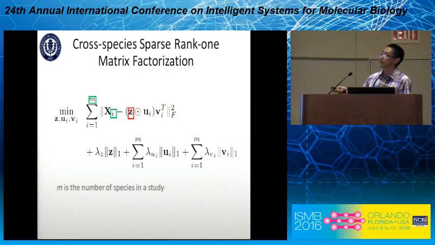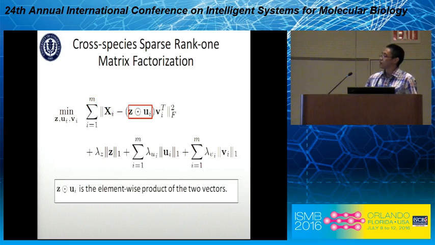We have M total views. If we look into this formulation, what we basically do is decompose U from the single species case into two vectors, Z and UI. Z is shared across the views. UI is view specific.